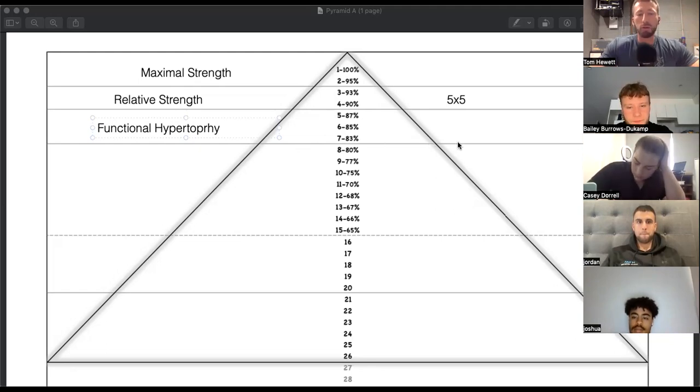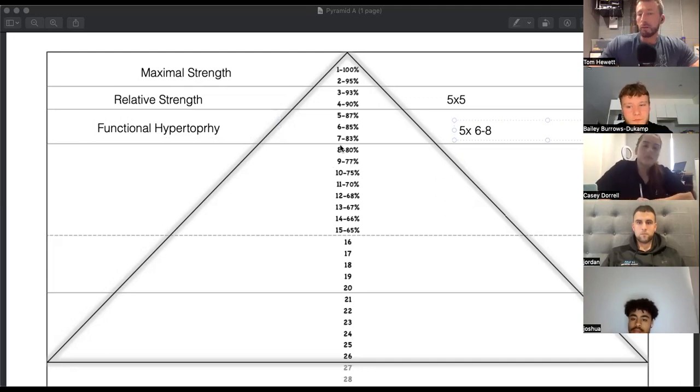So functional hypertrophy, we're looking at 6s and 8s. So a simple system might be like a 5x6 to 8. It could be wave loading like 642 or 846 or something like that. But we're getting some hypertrophy stimulus.